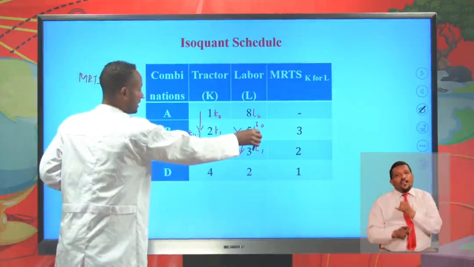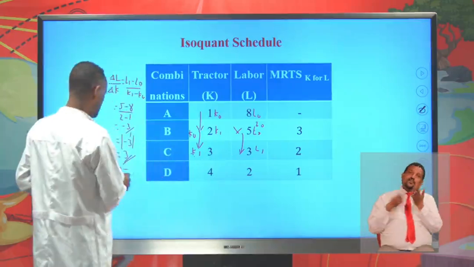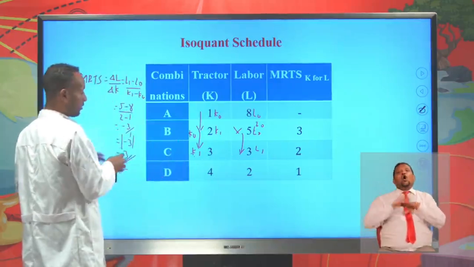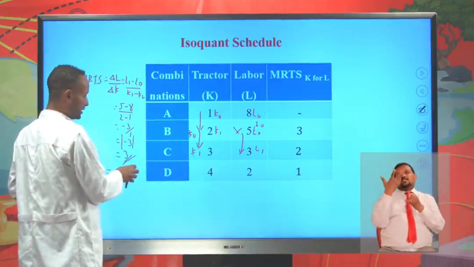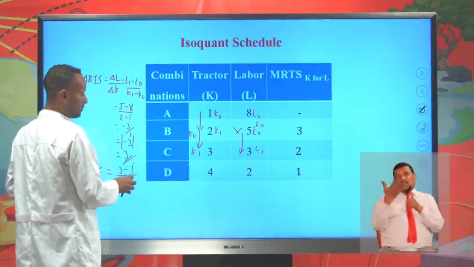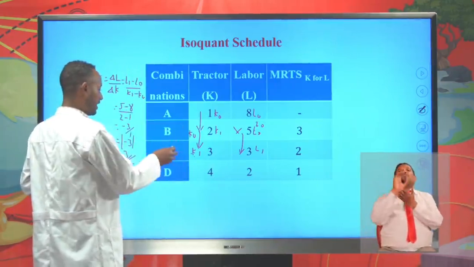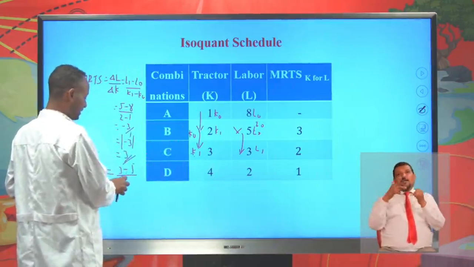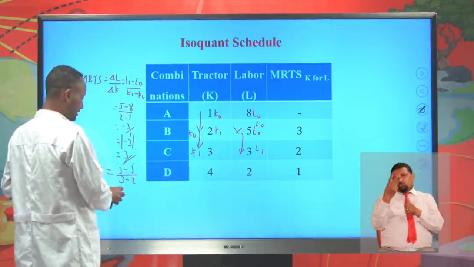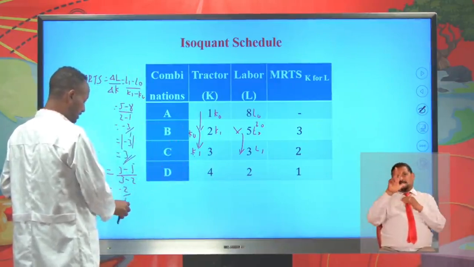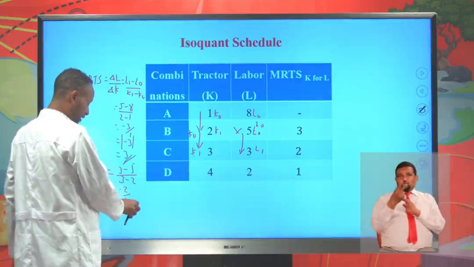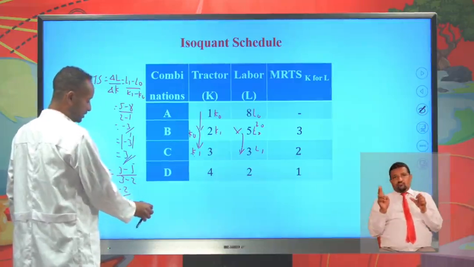And then when we substitute this information in the formula, we get labor final 3 minus labor initial 5, divided by capital final 3 minus capital initial 2, and 3 minus 5 is minus 2, divided by 1, and this is minus 2. When we take the absolute value, we are left with 2.